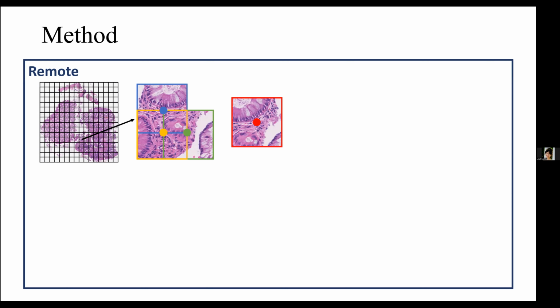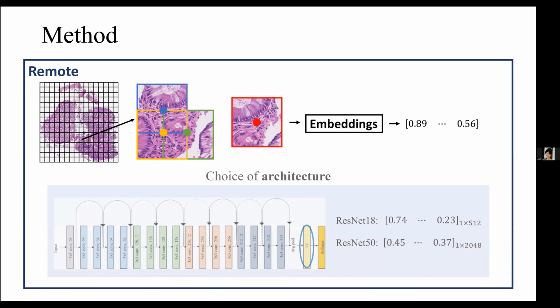So once you have these individual patches, you can embed them, passing them through a convolutional neural network, and then get the penultimate layer activation as a representation of the patch. And this is how it looks like. As you see, circled is not the last layer, but the penultimate layer. So here we're faced by the first choice, which is the architecture that you choose to represent your patches.